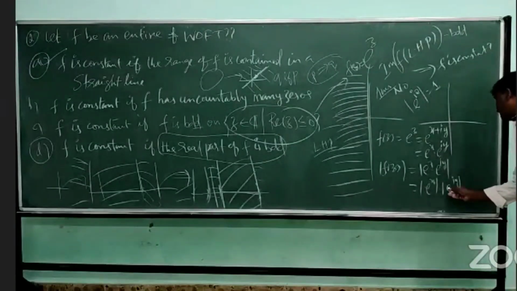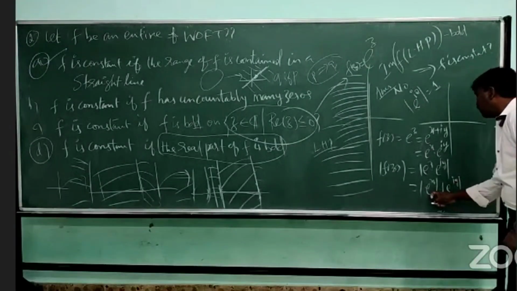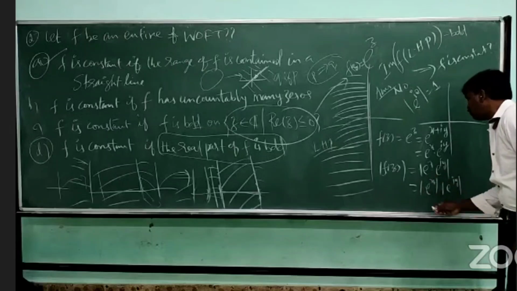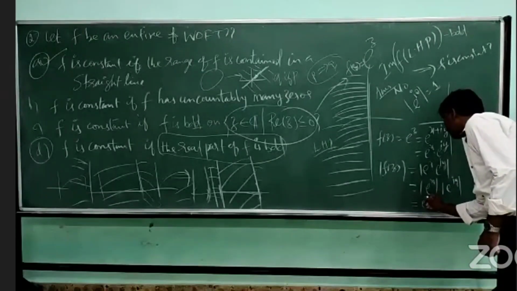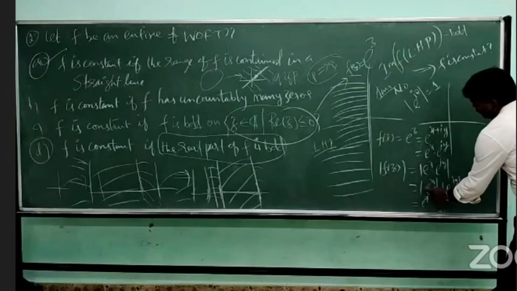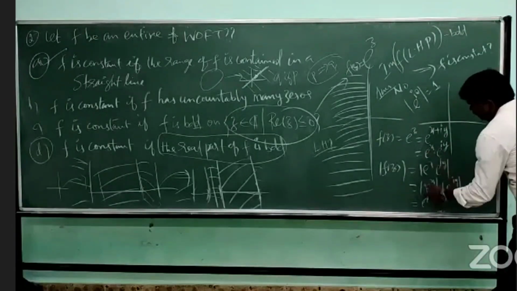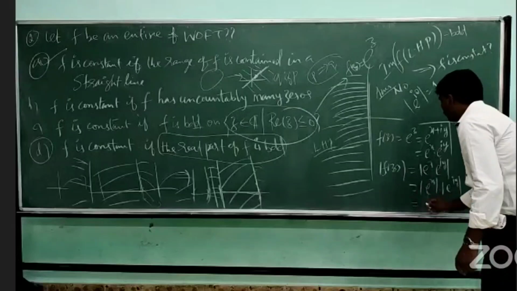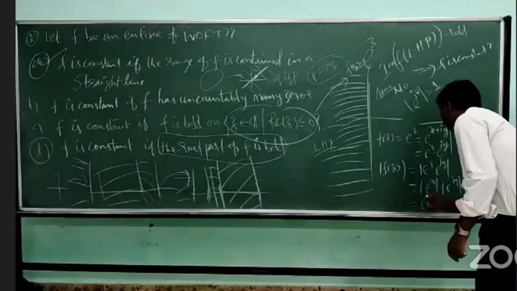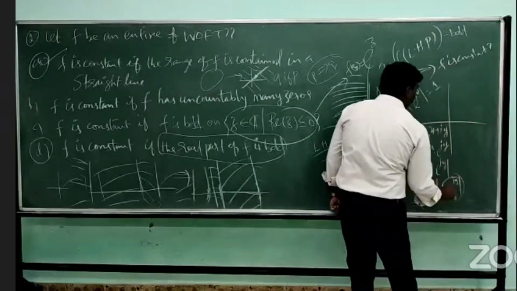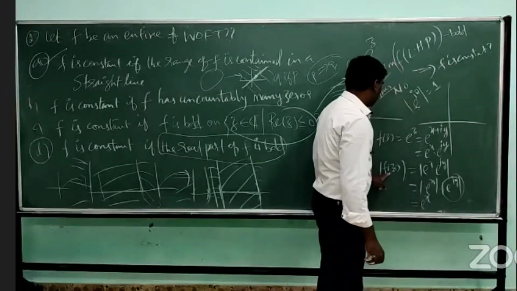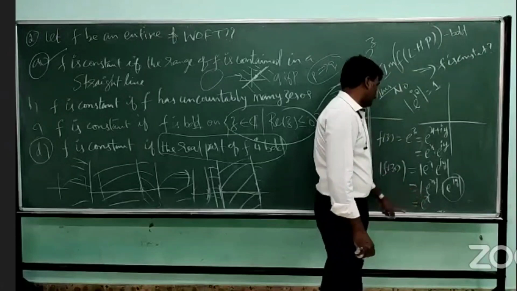So e power iy has value always 1. e power x always takes a positive value, so when you take the modulus it is still positive. Instead of the modulus, I can take only e power x. So the modulus of f of z equals e power x.